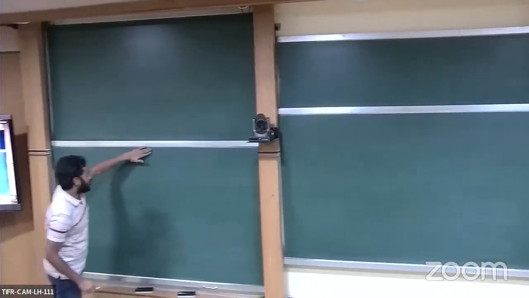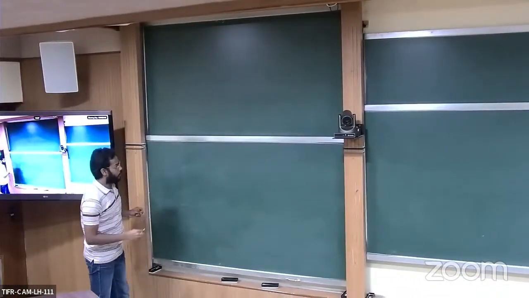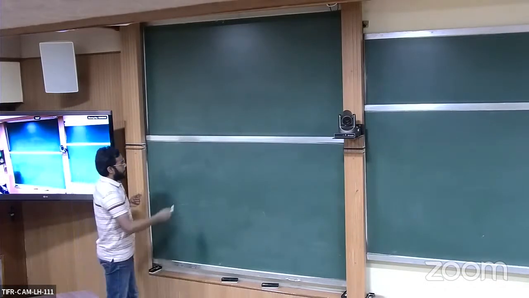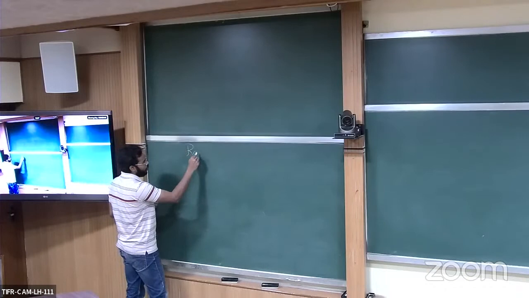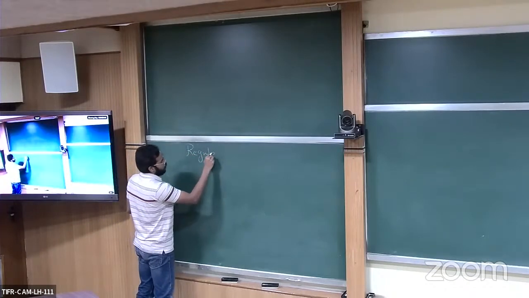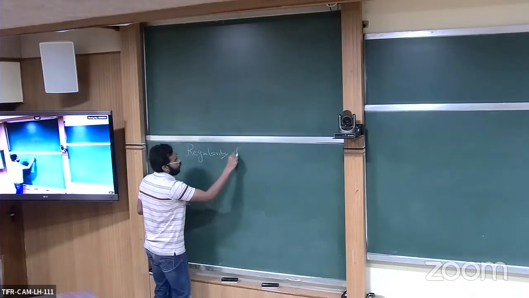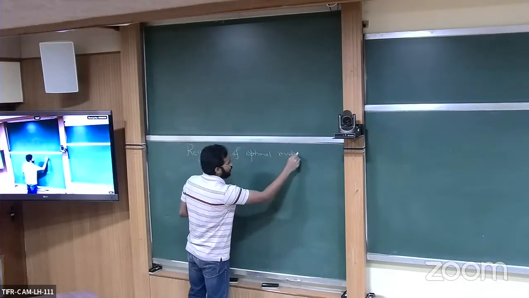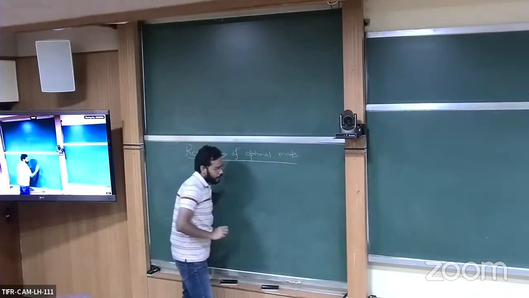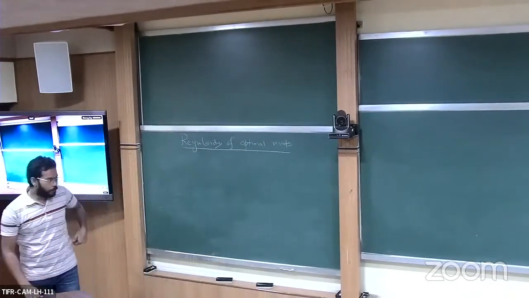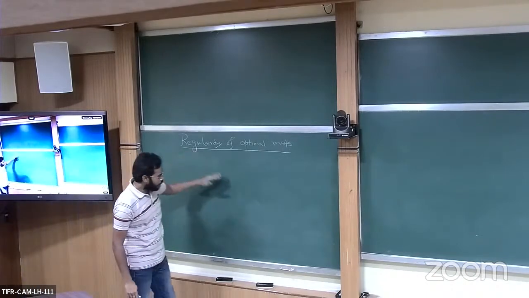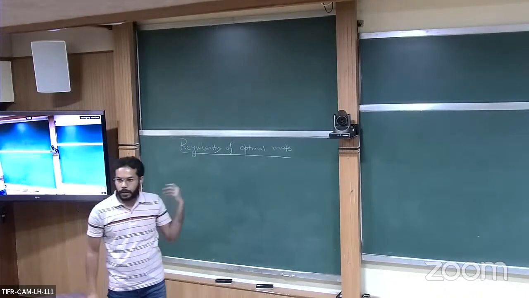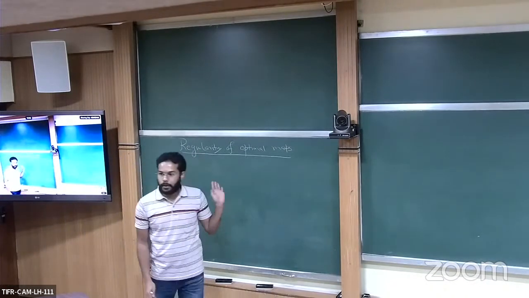Okay, so today we mostly concentrated on, we should say, the regularity of the map. The title is slightly misleading because what I'm going to prove is not a complete regularity, but an intermediate statement, and then perhaps tomorrow we will use this to completely prove the regularity of the optimal map.